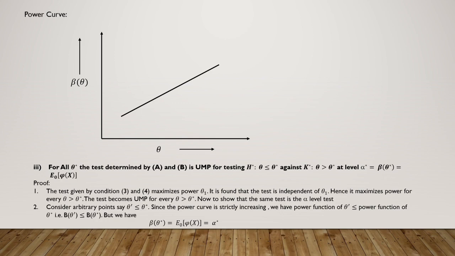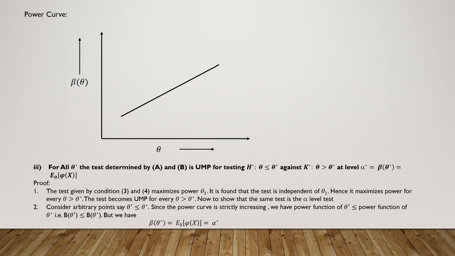Now to show that the same test is the α level test, we consider arbitrary points, say θ' ≤ θ*. Now since the power curve is increasing, we have the power function of θ' less than or equal to the power function of θ*.